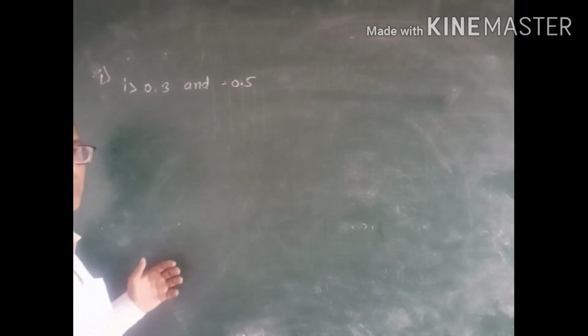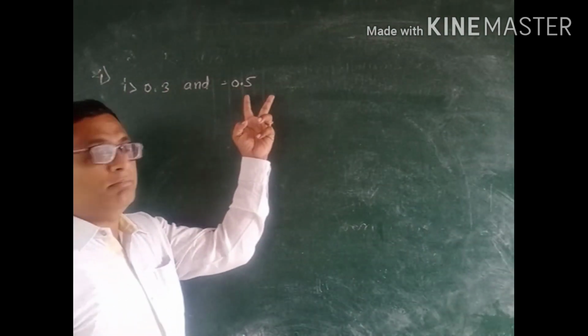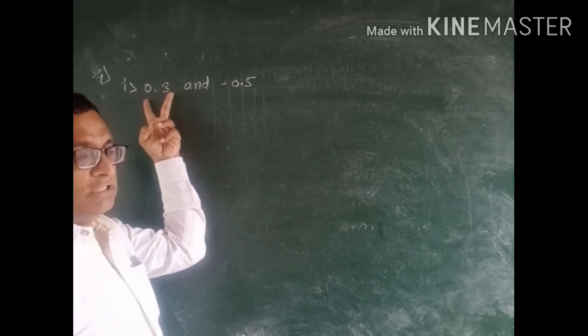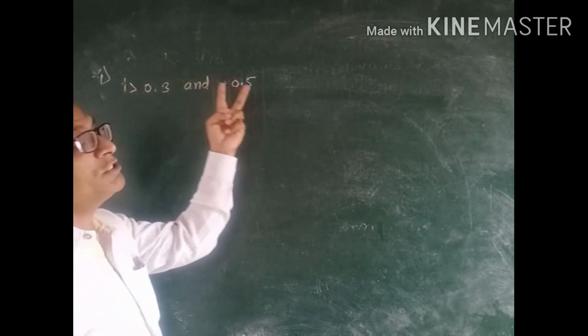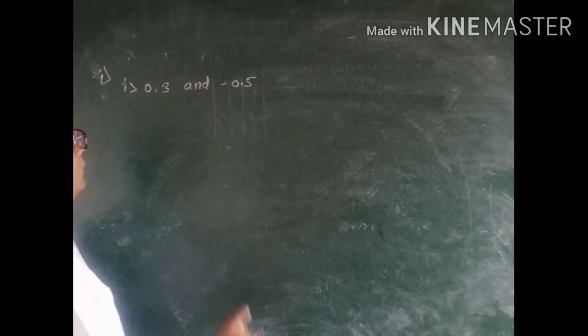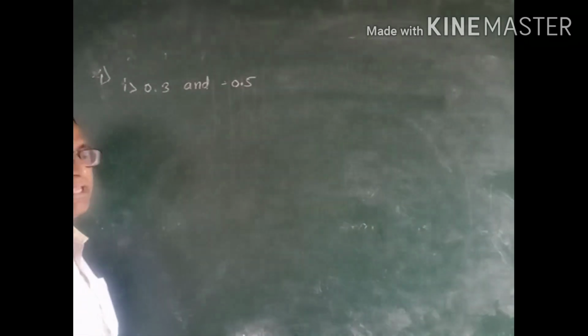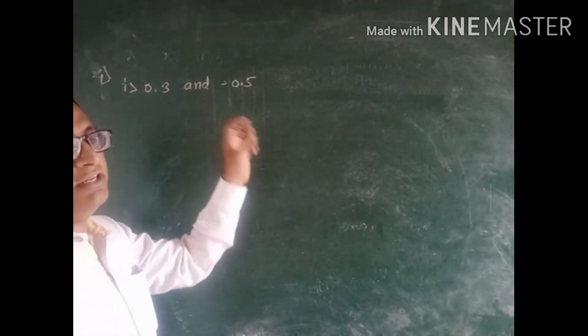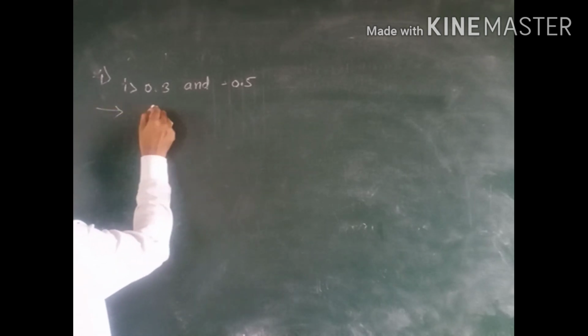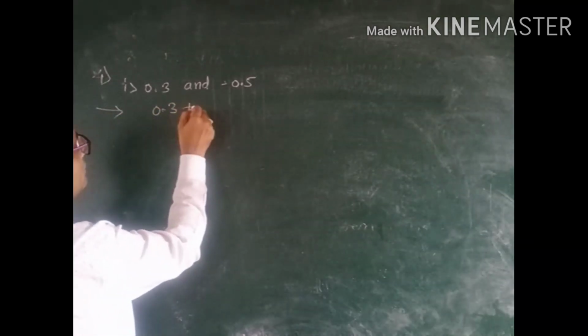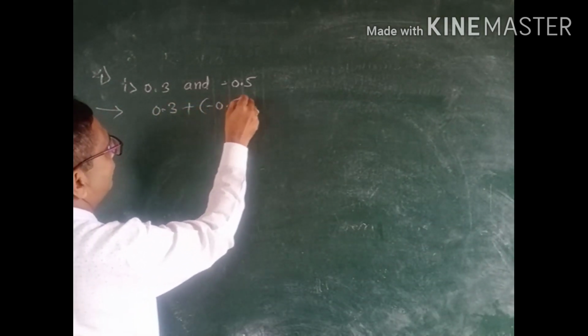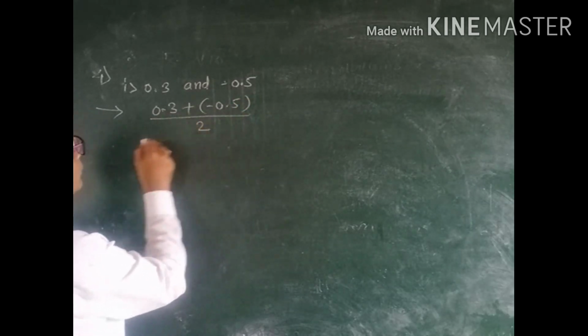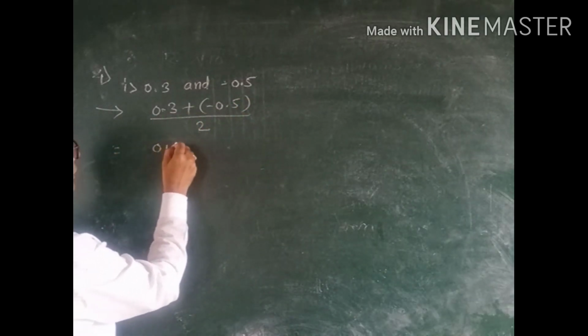Now you have to find the numbers between these two rational numbers. It is very simple. You have to add these two and divide by 2. So 0.3 plus minus 0.5 divided by 2.